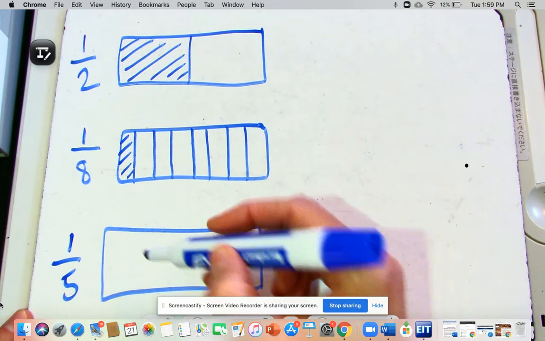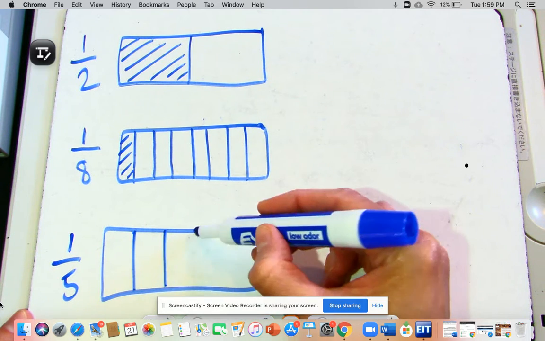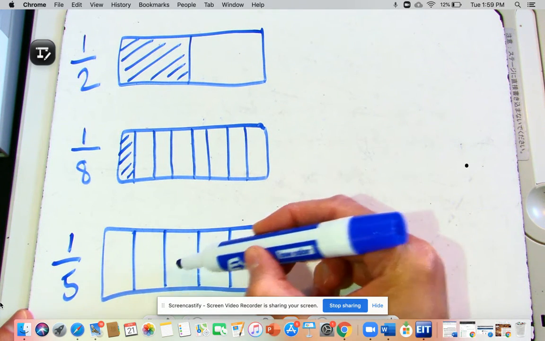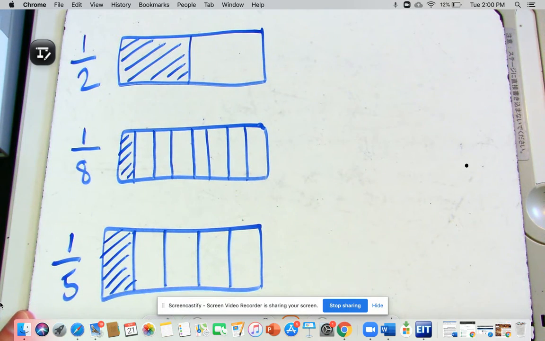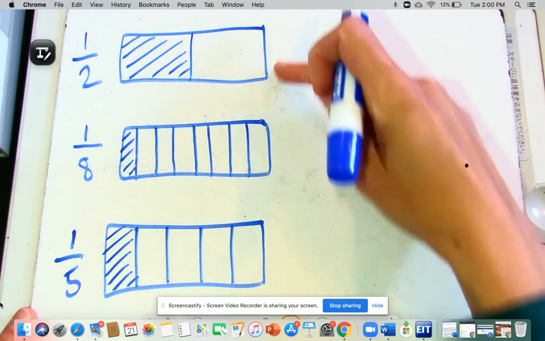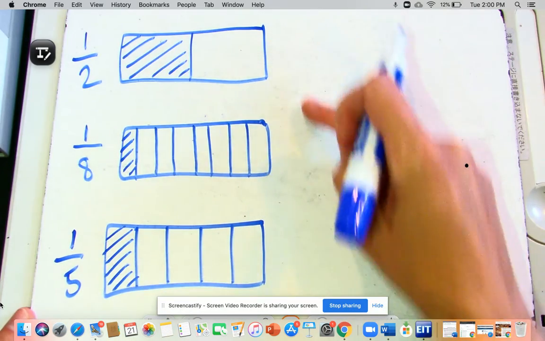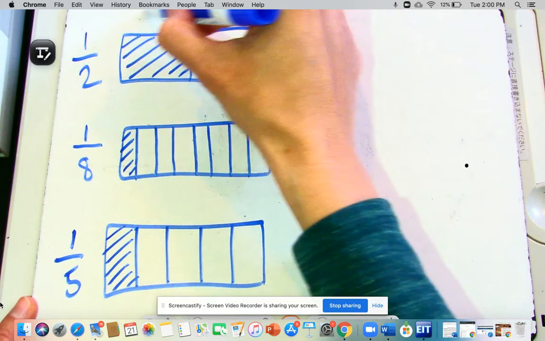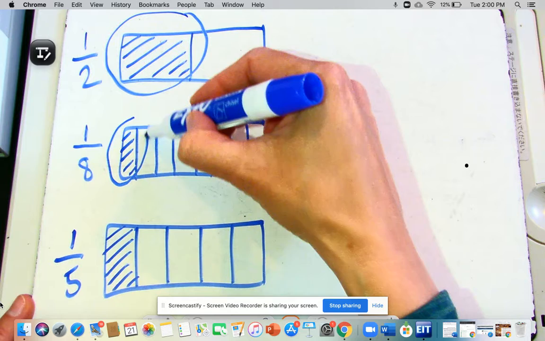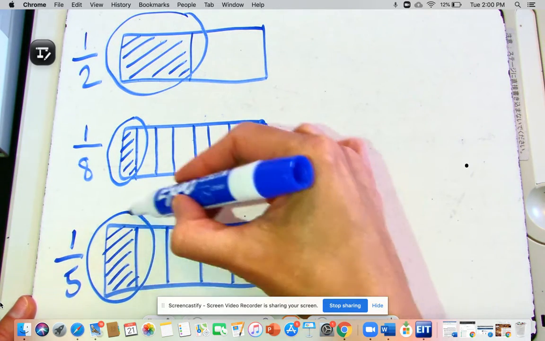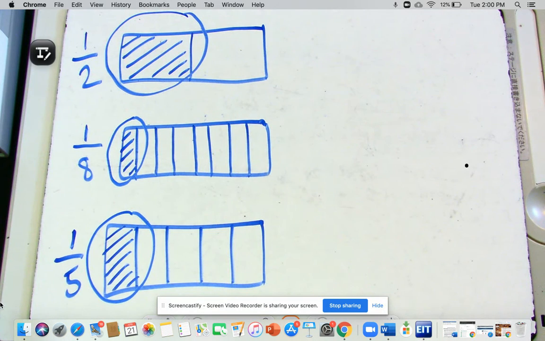So 1/5 would look something like 1, 2, 3, 4, 5, and we'll shade in that chunk. Because I've used the same shape, a rectangle, I can see 1/2 would be that much, 1/8 would be that much, and 1/5 would look a bit like that.